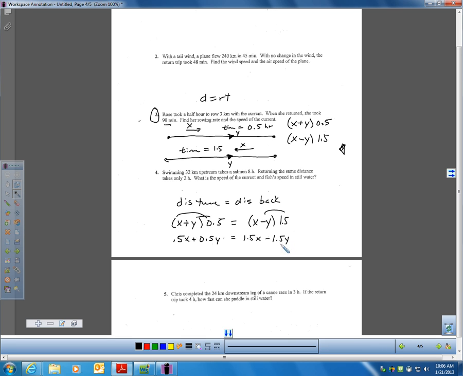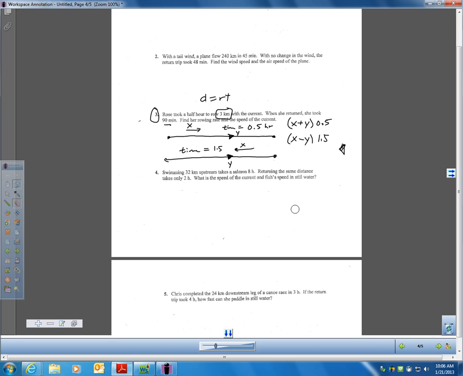And then what I can do here is, since these distances are the same, and hold on, I missed something here. I screwed one thing up. They told me both distances were 3 kilometers, so timeout. My bad. Okay? What I should have done is each of these equaled 3.